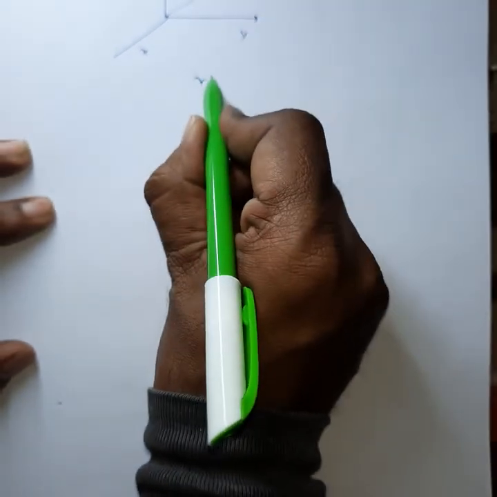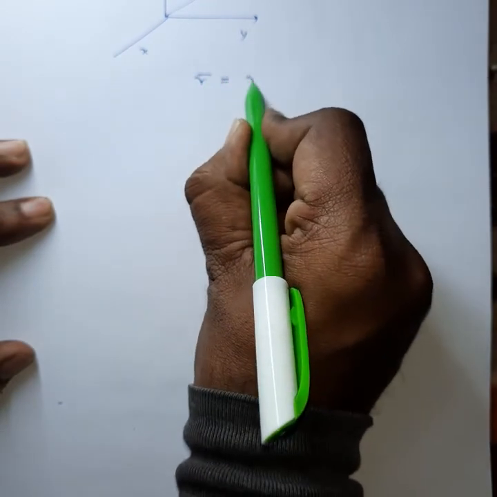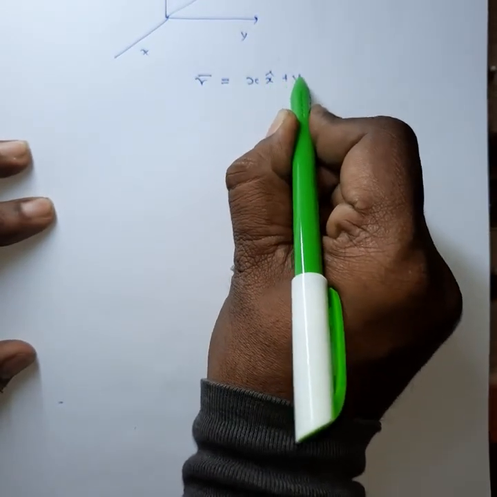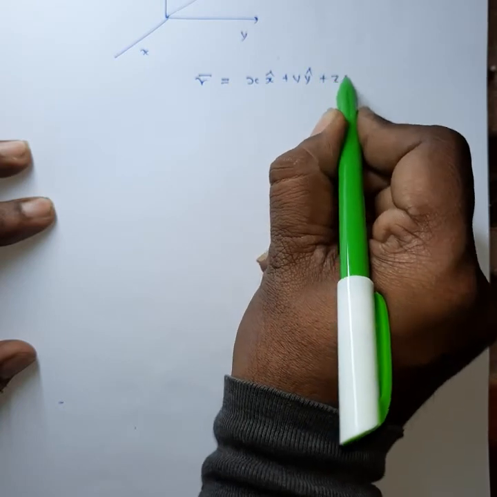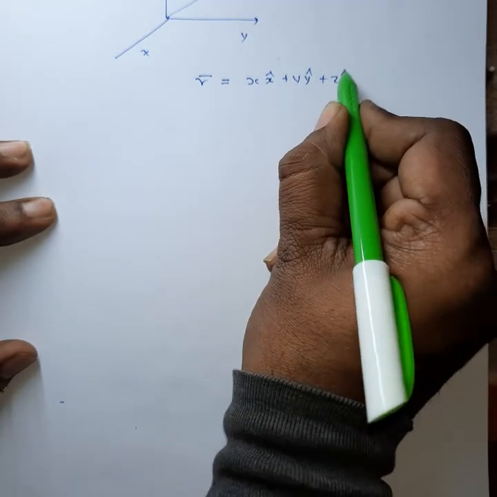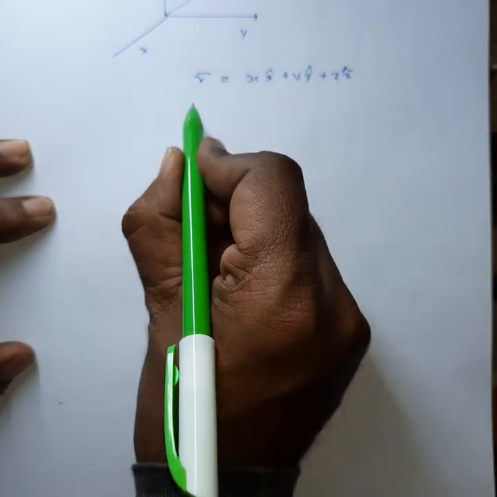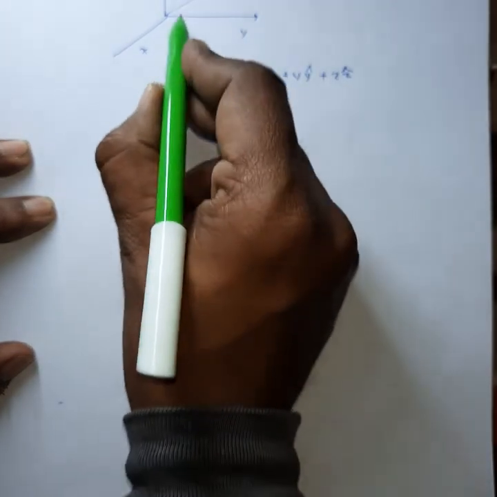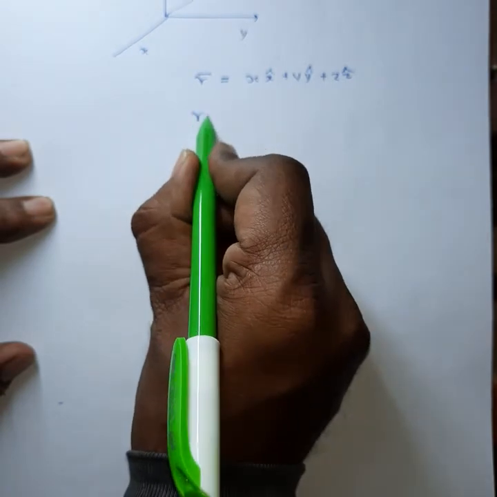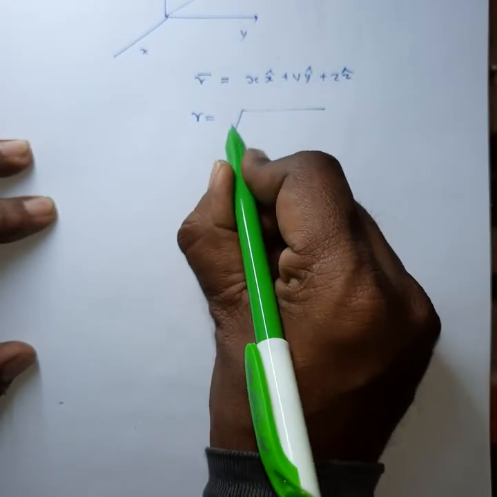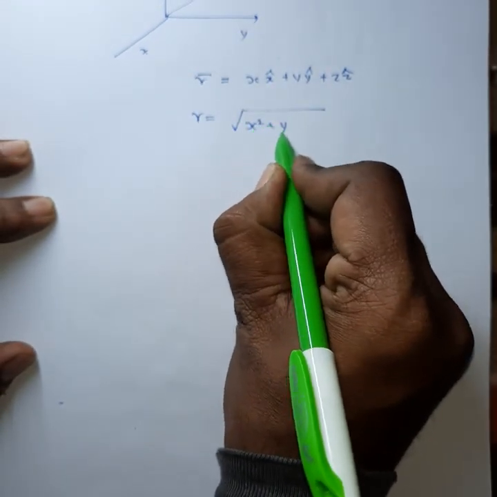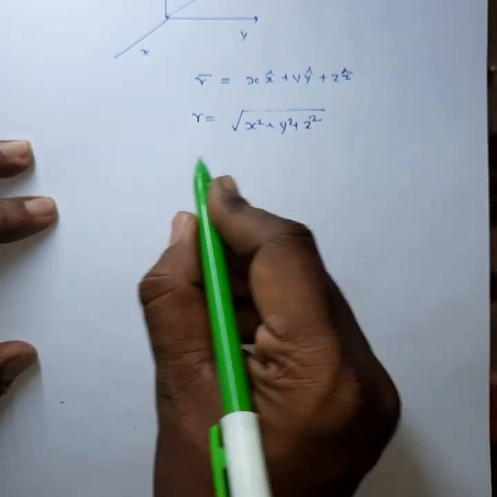It can be written as x x cap plus y y cap plus z z cap. The magnitude of this position vector can be written as r equals the square root of x square plus y square plus z square.